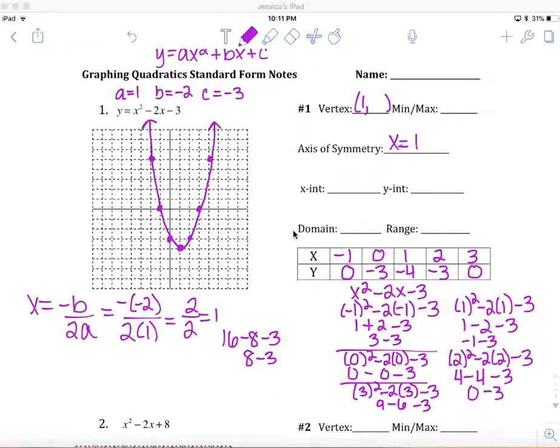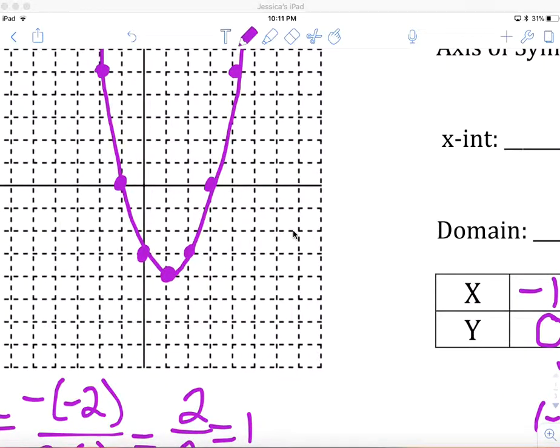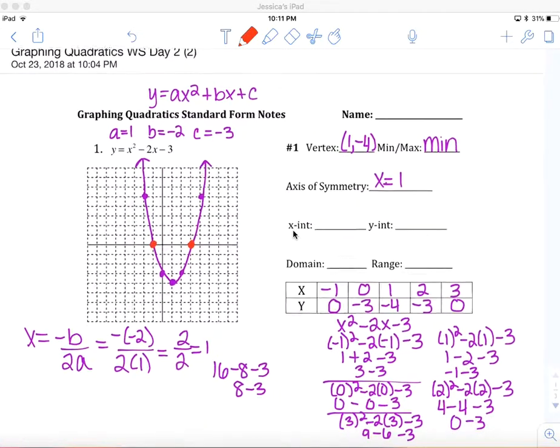I want you to pause the video, try to fill in the missing vocabulary, and then restart when you're ready to check. For your vertex, you should have gotten the point 1, negative 4. This is a minimum. The x-intercepts here, I'm crossing at 3, 0, and at negative 1, 0. I have 2.